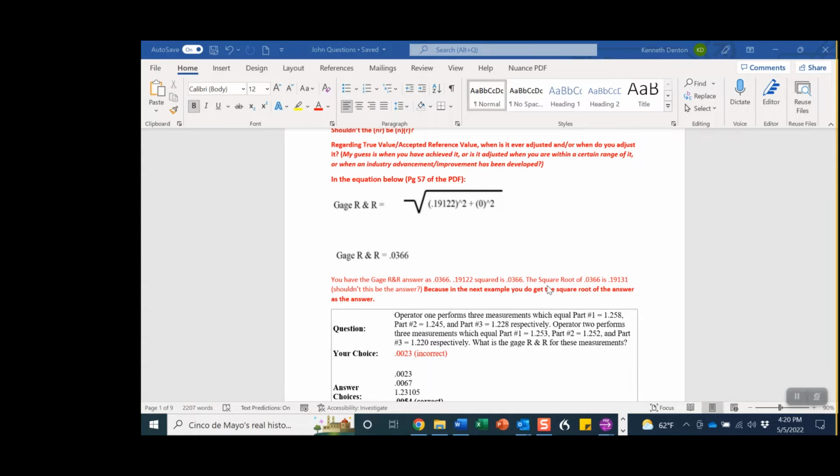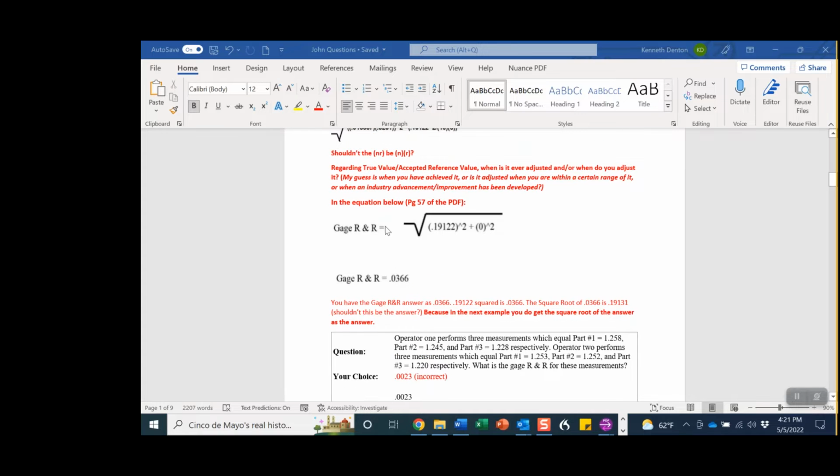You have the gauge R&R answer as 0.0136. Okay, 0.19122 squared is 0.0366. I thought the answer should be, because it's the square root, 0.19131.